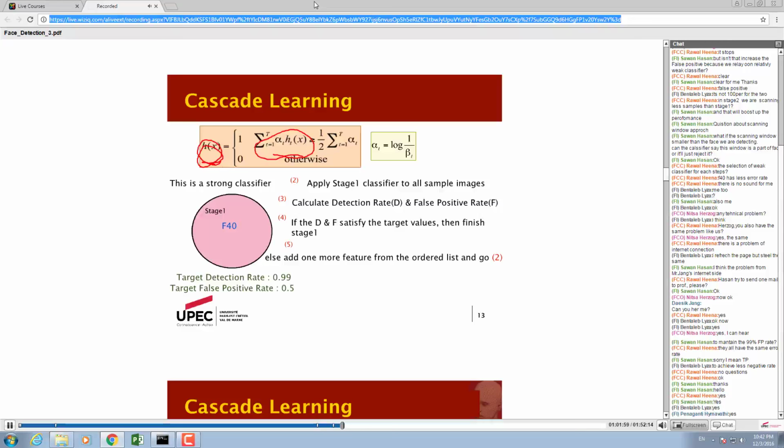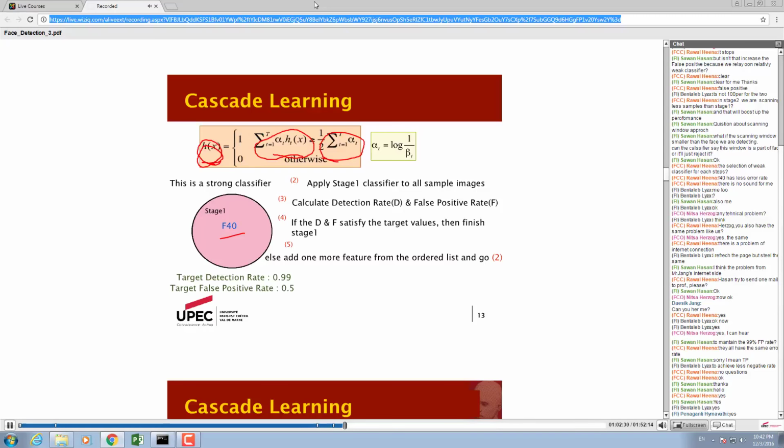In that sense, we can use the same formula, right? The alpha-weighted sum of the selected weak classifiers can be used to make some decision based on some thresholds. We'll discuss the threshold later. Anyway, for stage 1, even though we have just one weak classifier F40, we apply the formula.